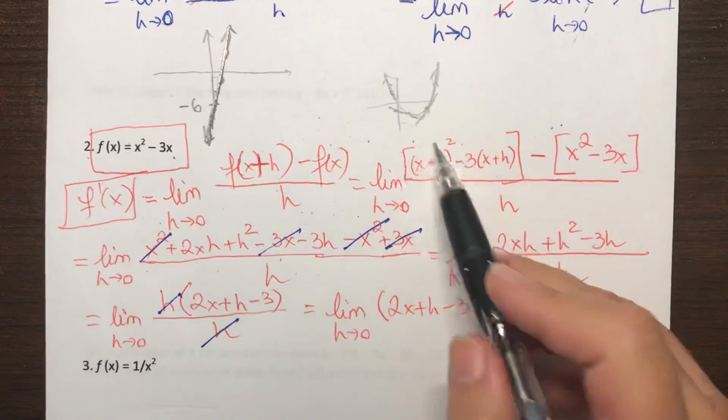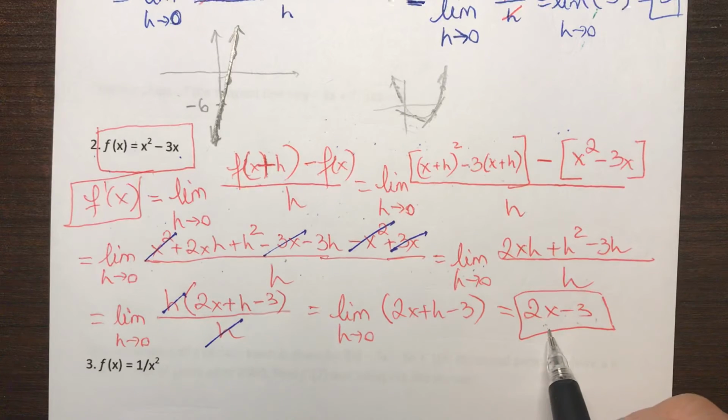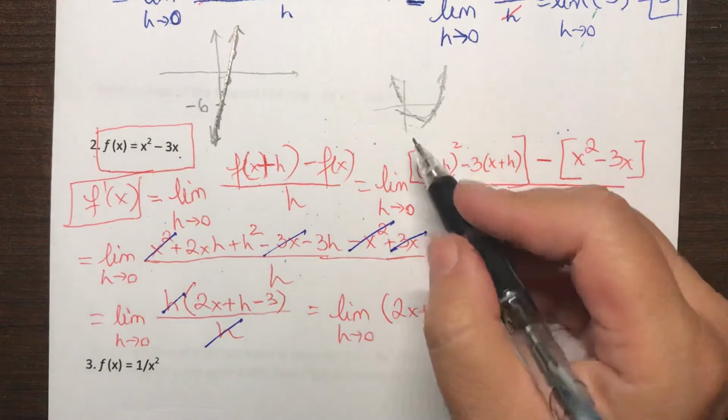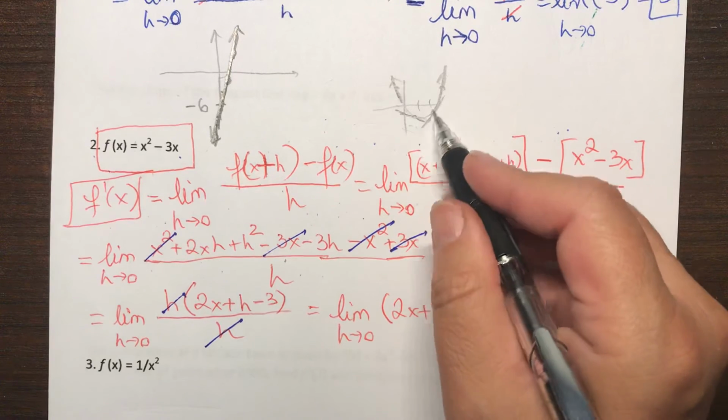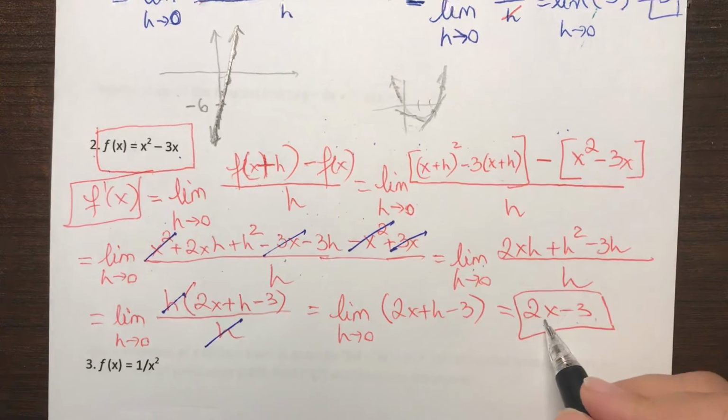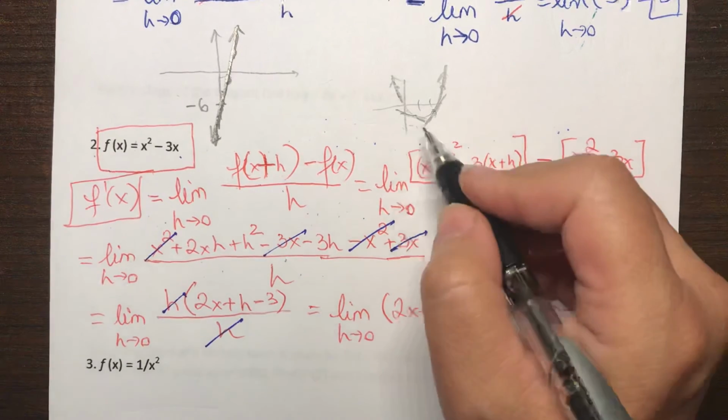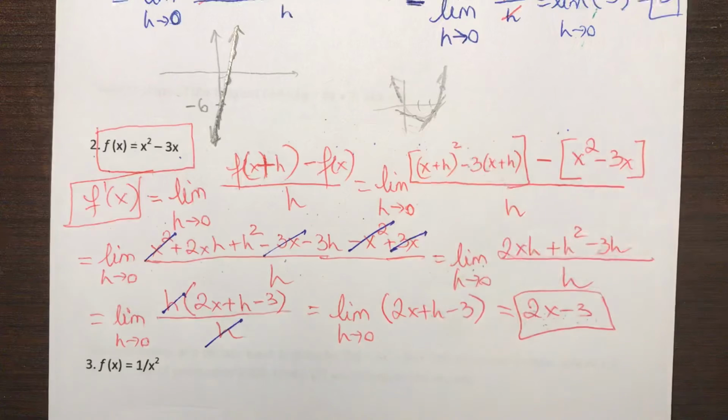So this is why these derivatives depend on what x value I'm at, yes? So let's say I'm at an x of 2, yes? What's the slope of this tangent line? Well, at an x of 2, the slope of the tangent line is 2 times 2 minus 3, which is a 1. Okay, kind of looks like it, yes? So the slope of that tangent line looks like a 1, okay?